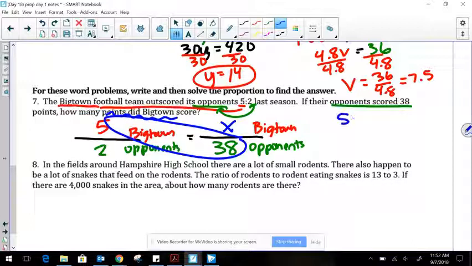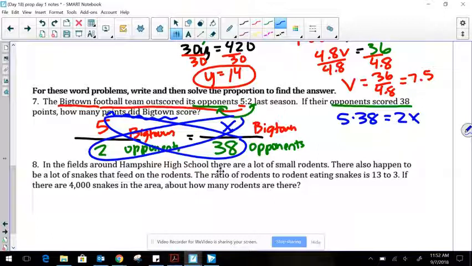I have 5 times 38 equals 2 times X. I multiply and I get what? 190 is equal to 2X. Divide both sides by 2. So X equals 95. And then you have to label your answer. So 95 goes where X is, which is points. And then for Big Town.